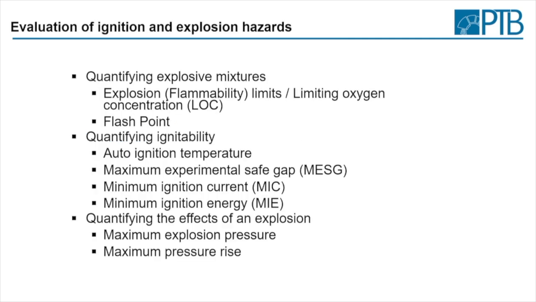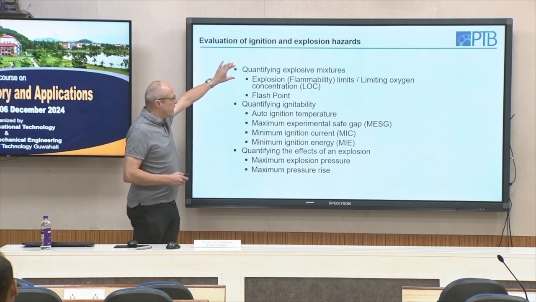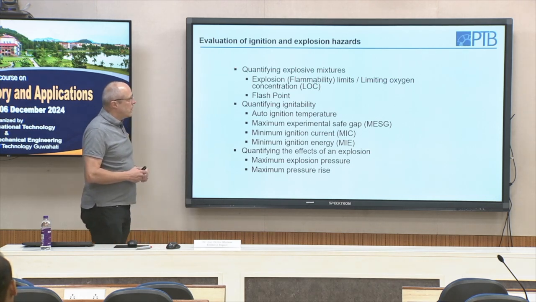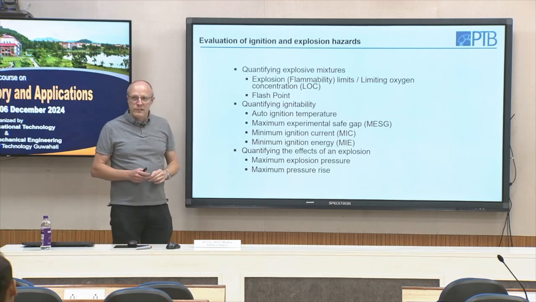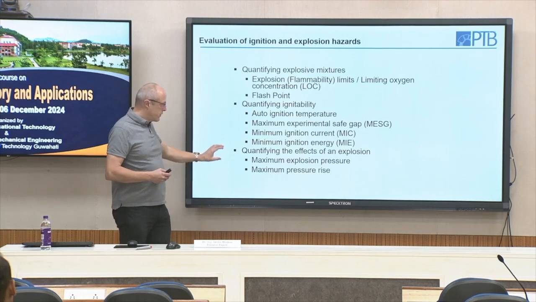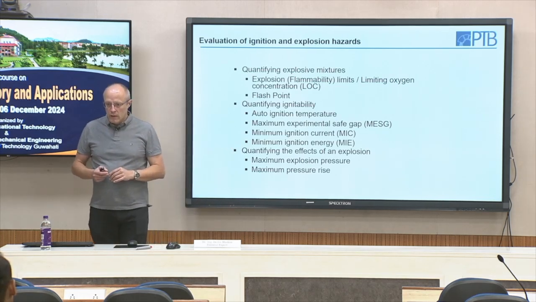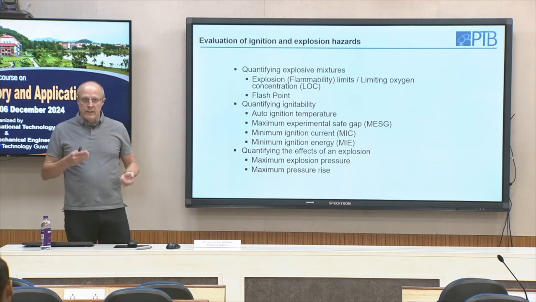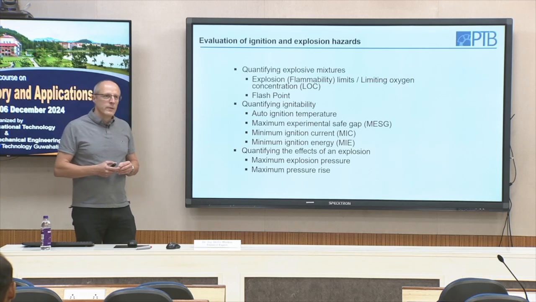So we have several safety characteristic data. I will introduce only the most important ones here. The main idea is to quantify explosive mixtures, then to quantify the ignitability of the substance, and to quantify the effects of an explosion. And first of all, again, it's to compare different combustibles with respect to safety.